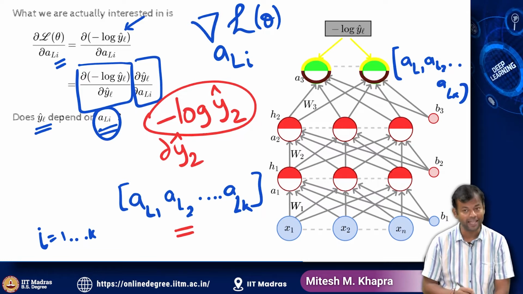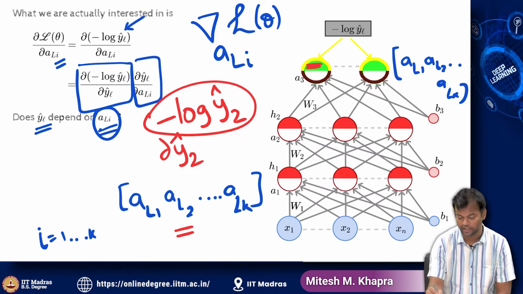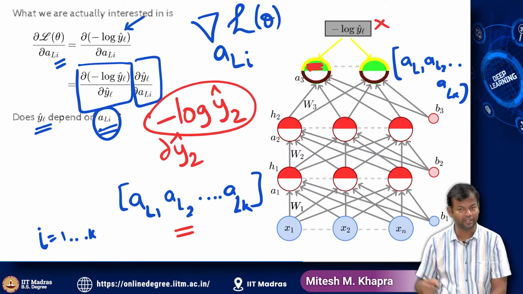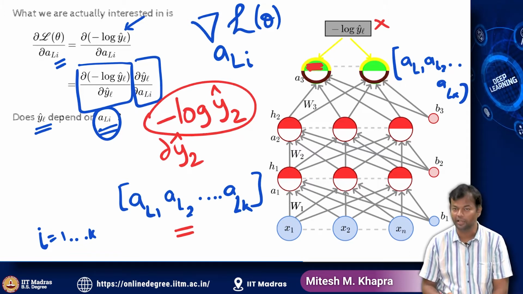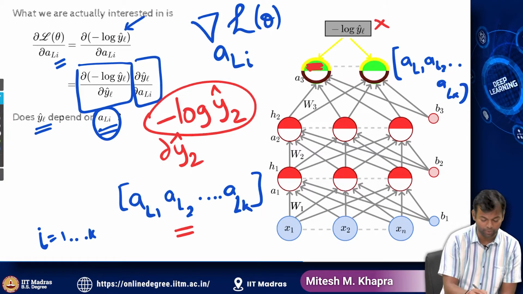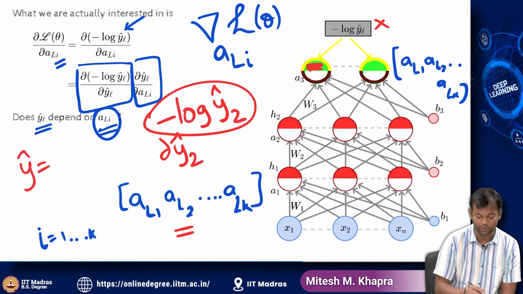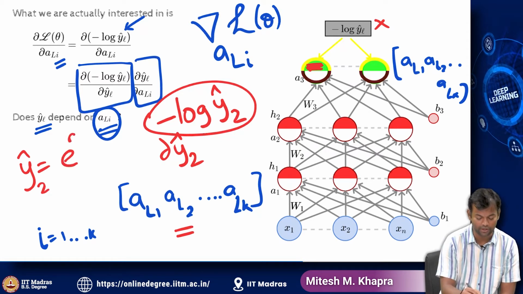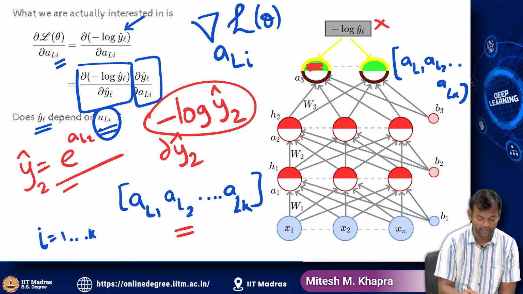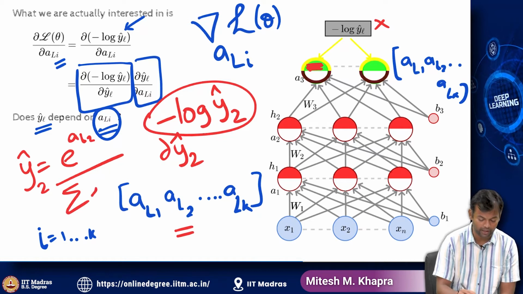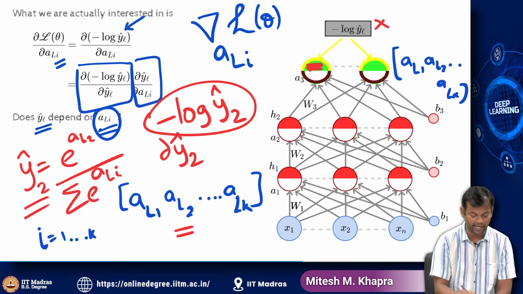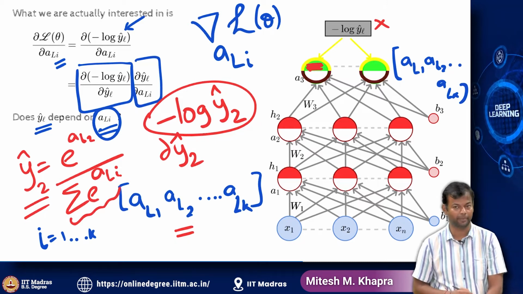But now for y hat 2, this shaded green guy, not the loss function, does it depend on every element of a? It does, right, because how did you compute y hat? Y hat was computed using the softmax function. So y hat 2 in particular was e raised to aL2 divided by the summation of e raised to all the aLi, right. So it depends on all the aLi because all of them appear in the denominator.